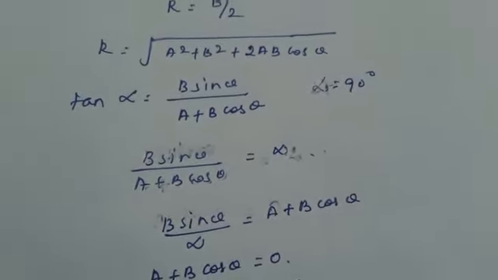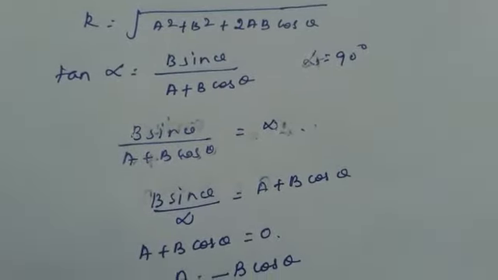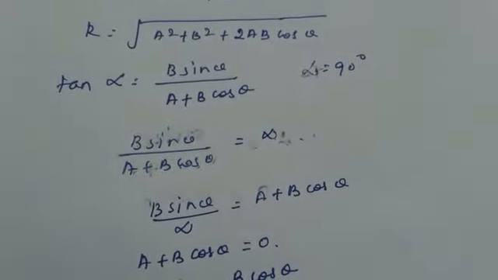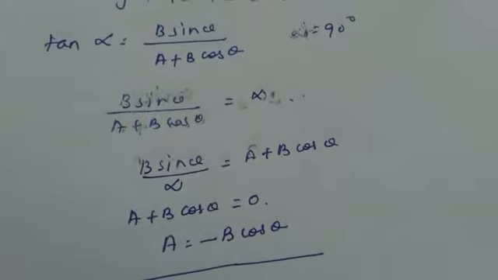R is equal to root of A square plus B square plus 2AB cos theta. For A, I am going to substitute minus B cos theta.